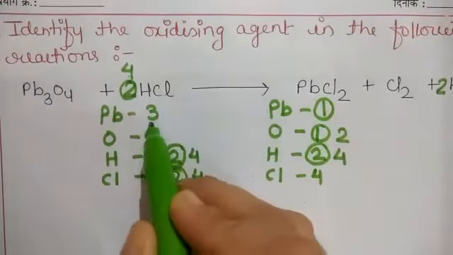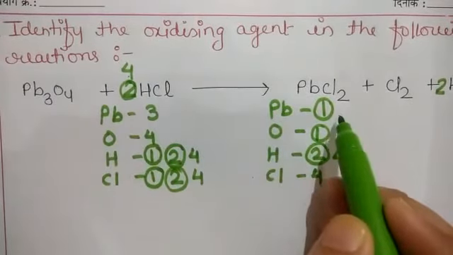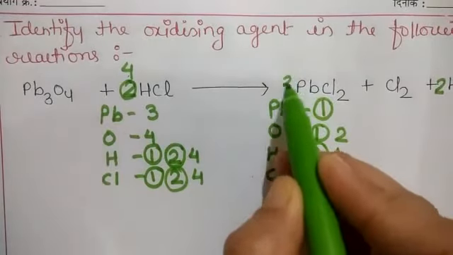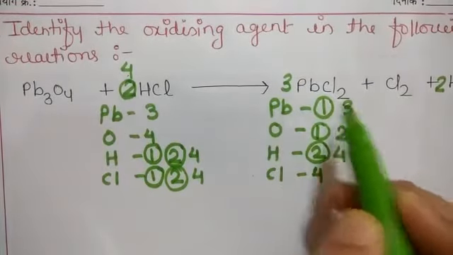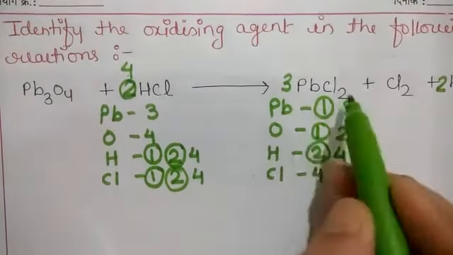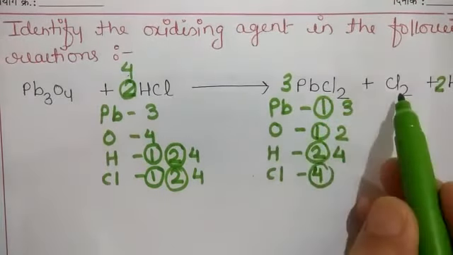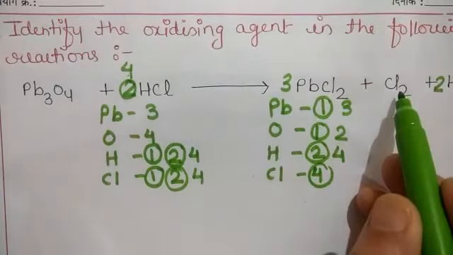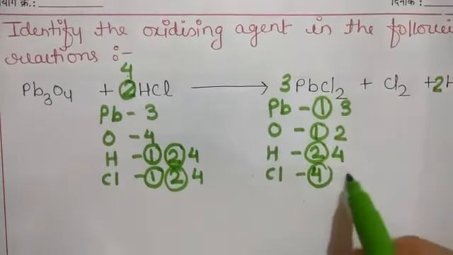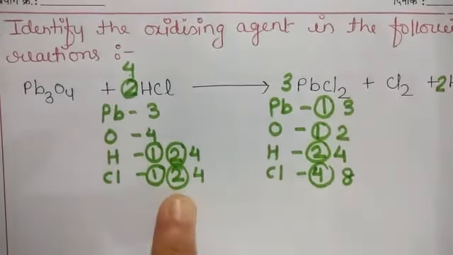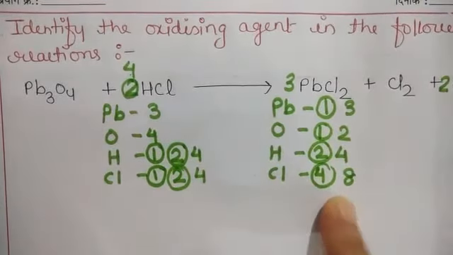If this side it is 3, we have to make sure this side it is also 3. So we'll write 3 here. Now you have to check for chlorine. 3 2s are 6, and 4, 6 plus 2, that becomes 8. So here it is now 4 and this becomes now 8.